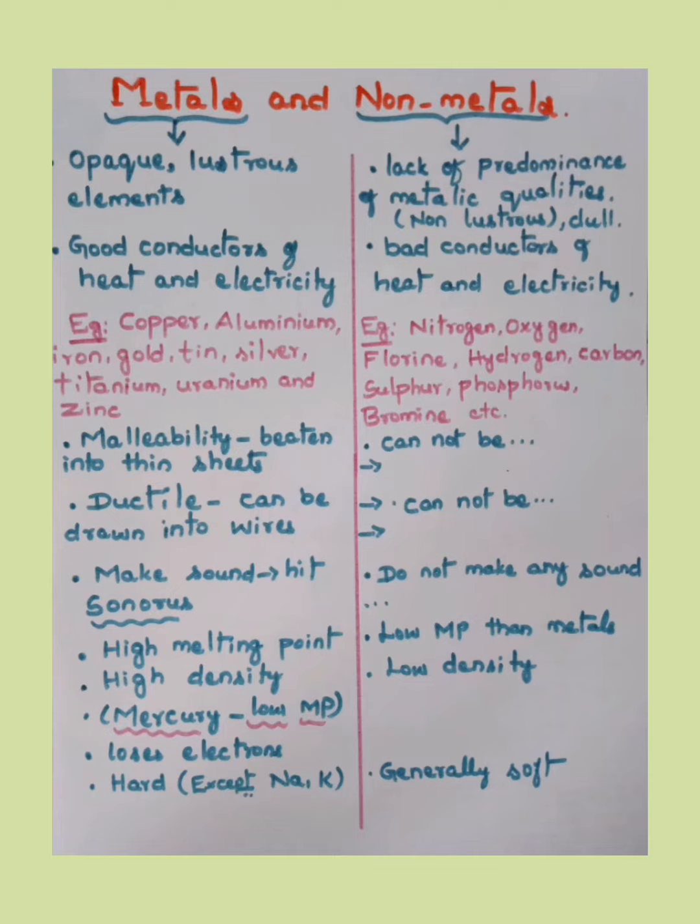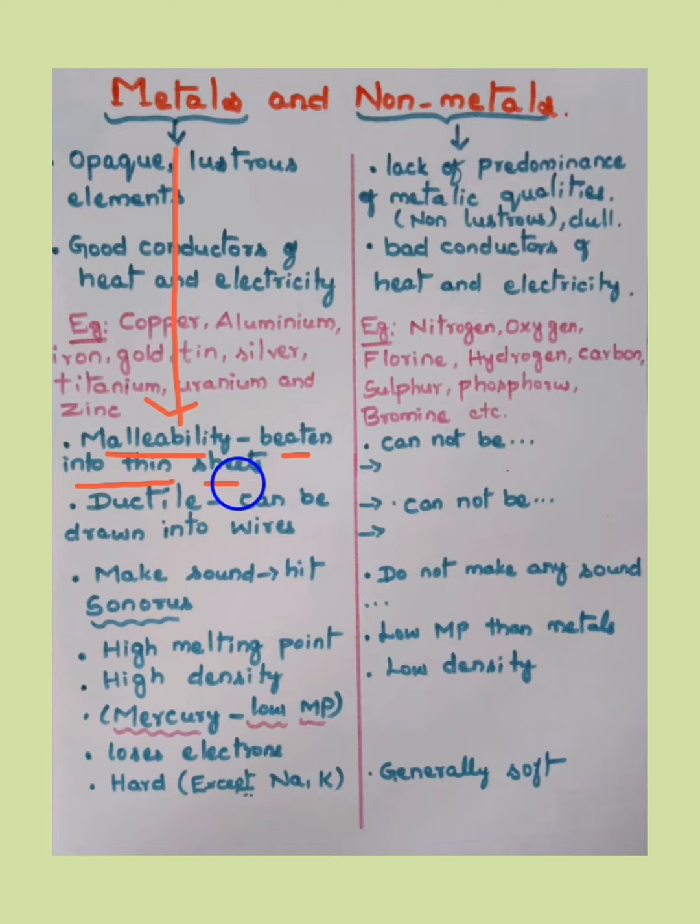One among the important properties of metals is malleability. Malleability means metals can be beaten and made into thin sheets. It is the ability of the metal to be hammered into thin sheets. For example, gold and silver are the most malleable metals.